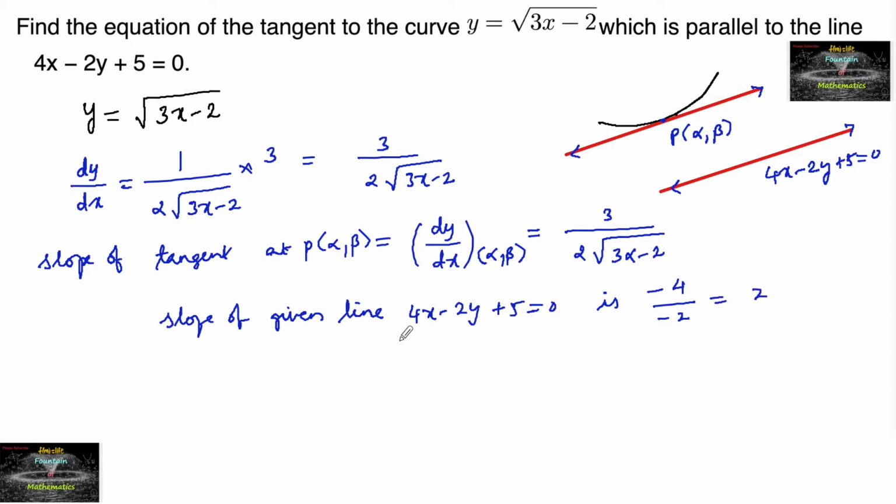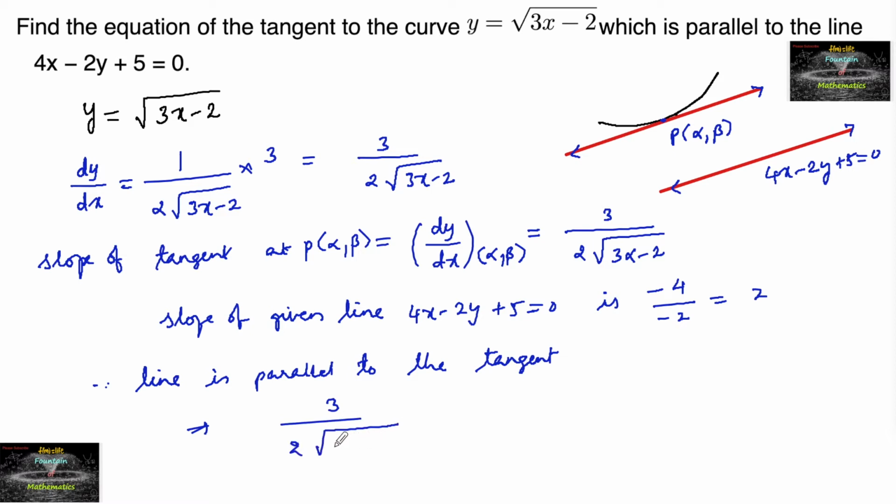And since the line is parallel to the tangent, we can take their slopes as equal, that is 3/(2√(3α − 2)) = 2, or we can do cross multiplication.